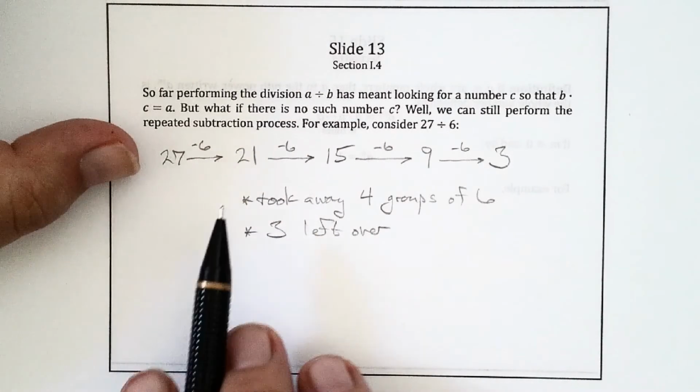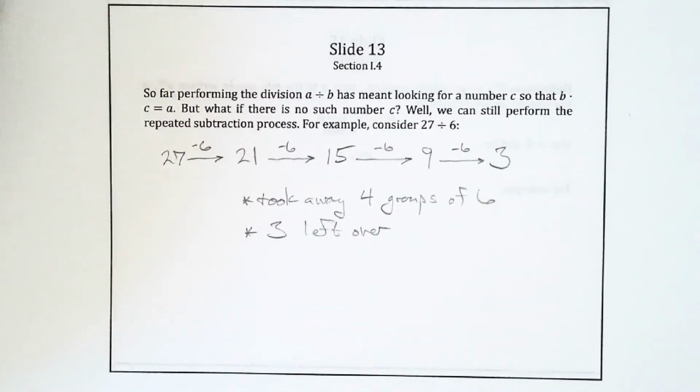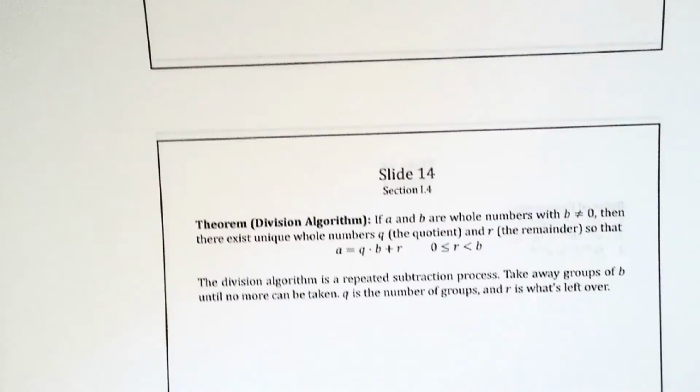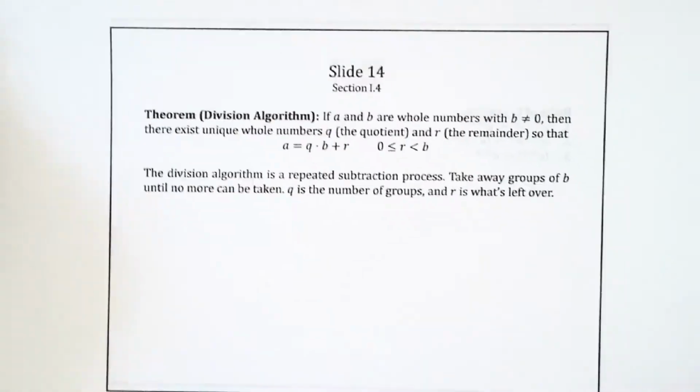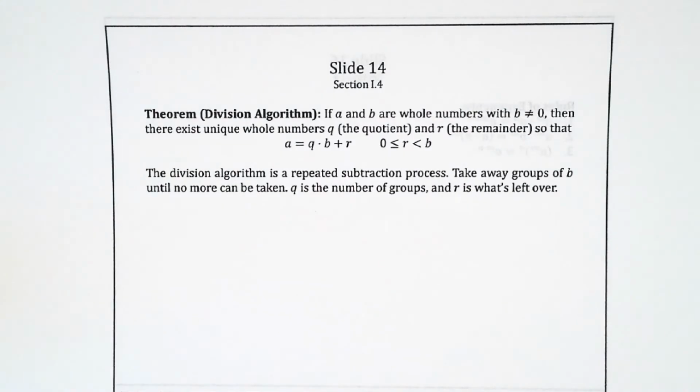This process is called the division algorithm. An algorithm is just a process, usually a mathematical process, that involves repetition and takes you from the problem to the solution without you really having to think carefully about the steps.